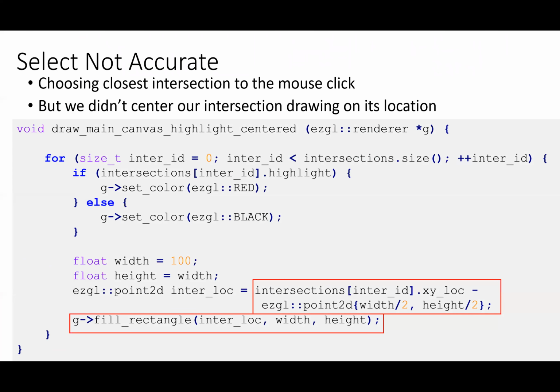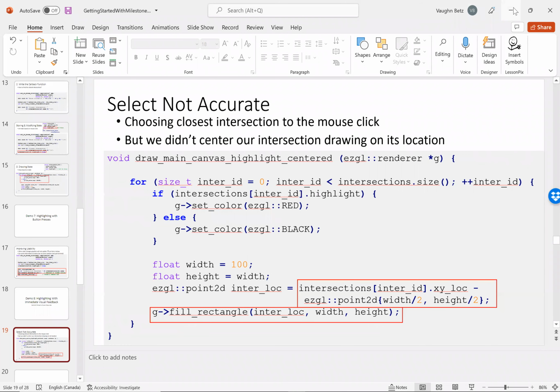So yeah, I want to change this. I'm basically just going to shift my rectangle. This code, there's lots of ways I could write this, but I'm basically making a point and subtracting it from my original point. So I'm shifting my lower left corner down by width over 2 and height over 2. And now the intersection is in the middle of my rectangle. And if I do that, my selection is going to look a lot more logical. So let's go look at that.